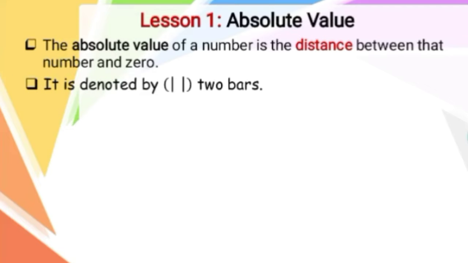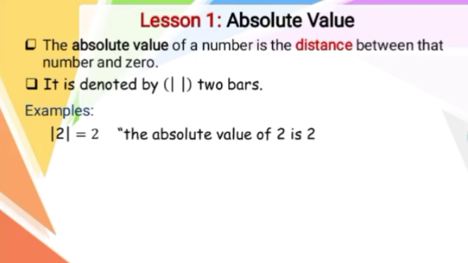Okay, let's have some examples. How do we read the examples using the absolute value? First, this is the absolute value of 2 is 2, or positive 2. Therefore, this is read as the absolute value of 2 is 2.